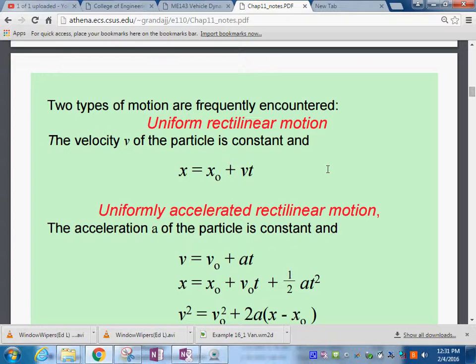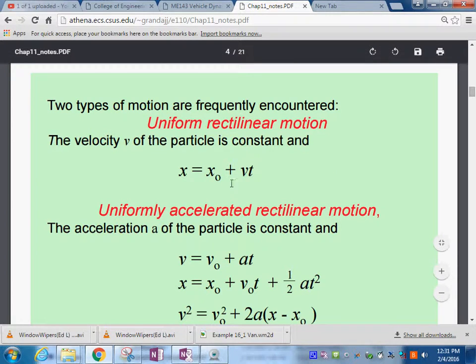That means that the total position x is going to be x0 plus velocity times time.